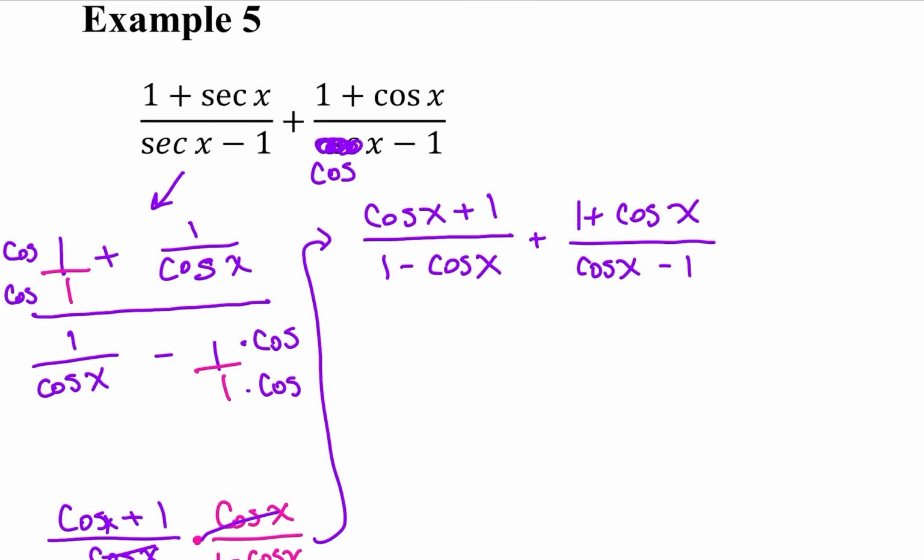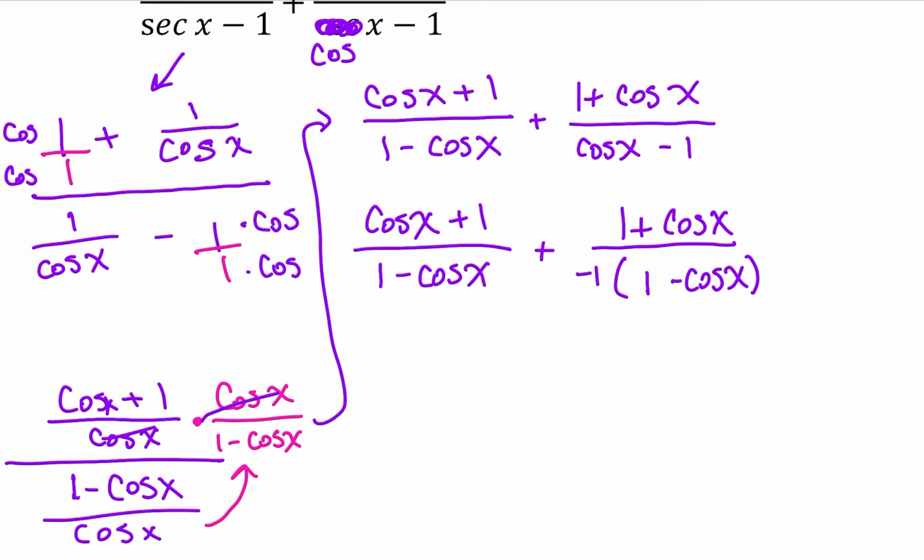So I'm going to put a negative 1 in front, and I'm going to do a little rearranging, meaning this negative 1, when I factor out a negative 1, it's going to become a positive 1. And this cosine of x, when I factor out this negative 1, becomes negative cosine of x. Meaning that now this and this are the same, we just got this little negative 1, which we are allowed to move up top because a negative 1 moving up top or the bottom doesn't change anything.